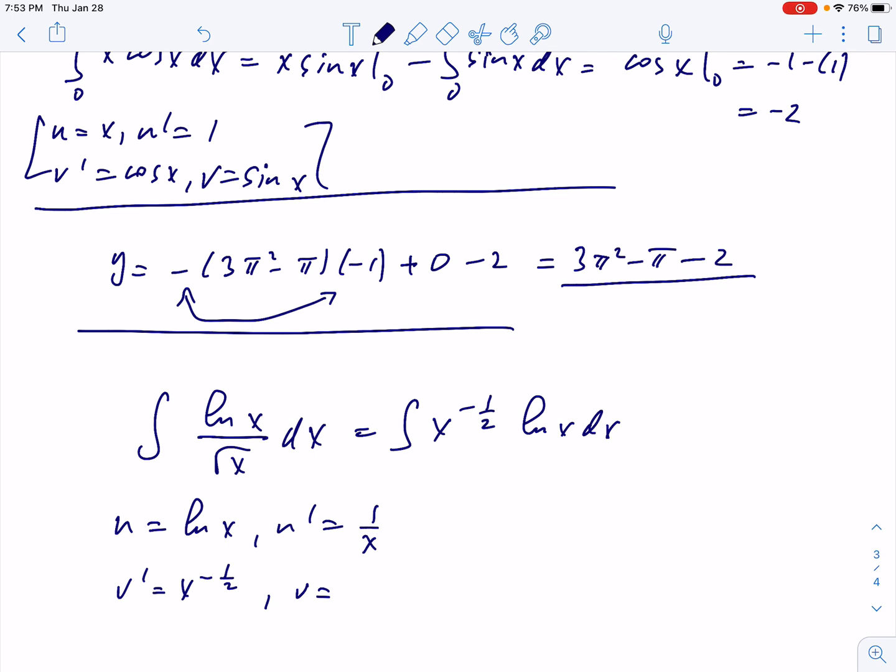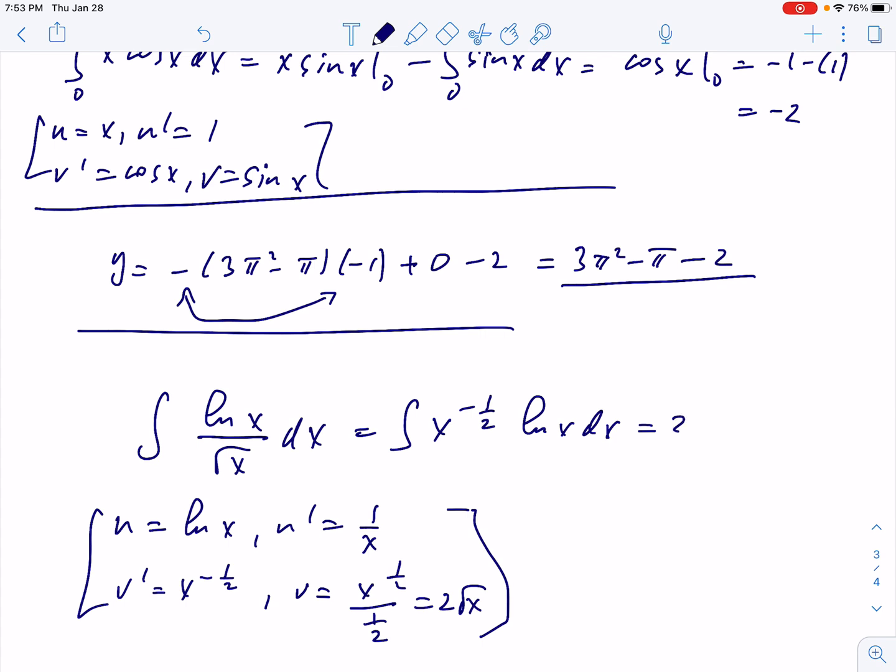By the power rule, negative 1/2 plus 1 becomes plus 1/2. It will be x to the 1/2 divided by 1/2. So this is 2 times root of x. That's v. Okay, this preparation here on the side, I'm continuing my integral. I have to go uv.